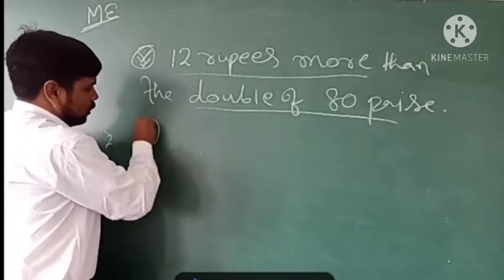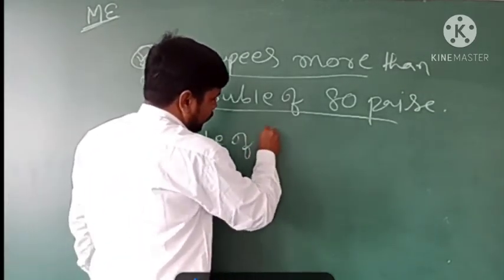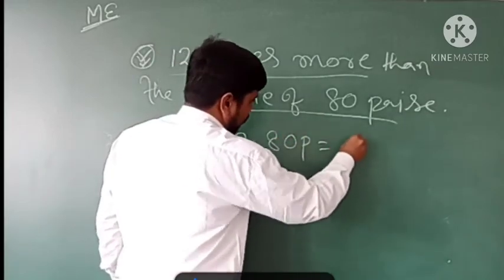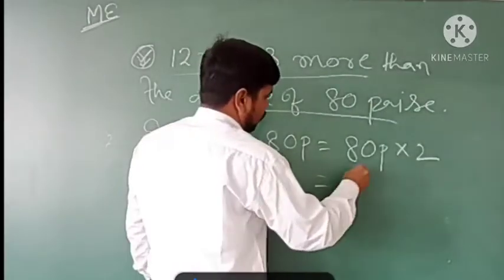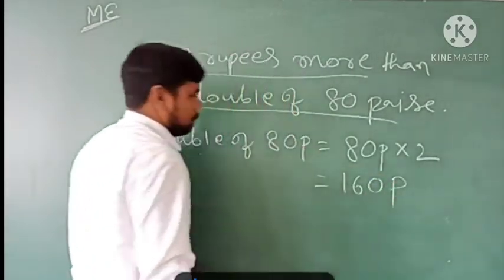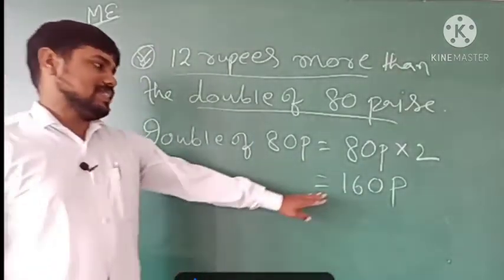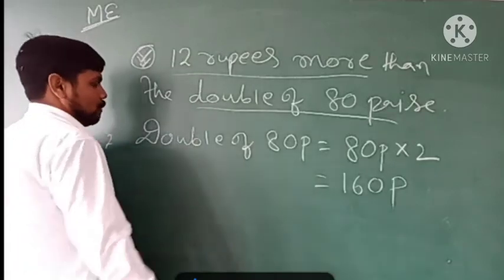So double of 80 paise is equal to 80 paise multiplied by 2. So 8 twos are 16, 160 paise, right? So 160 paise means 1 rupee 60 paise.